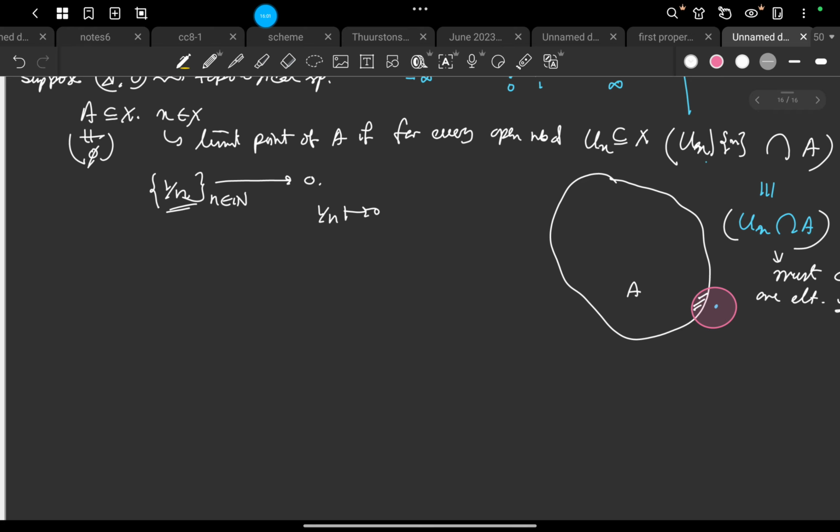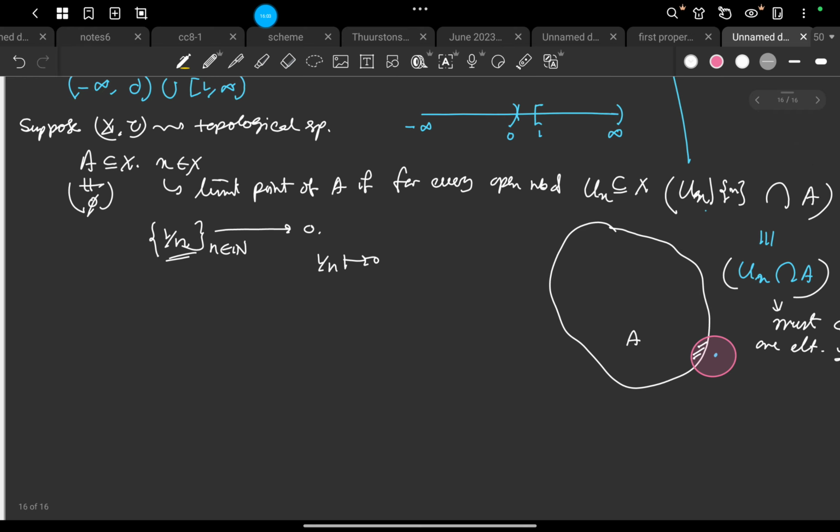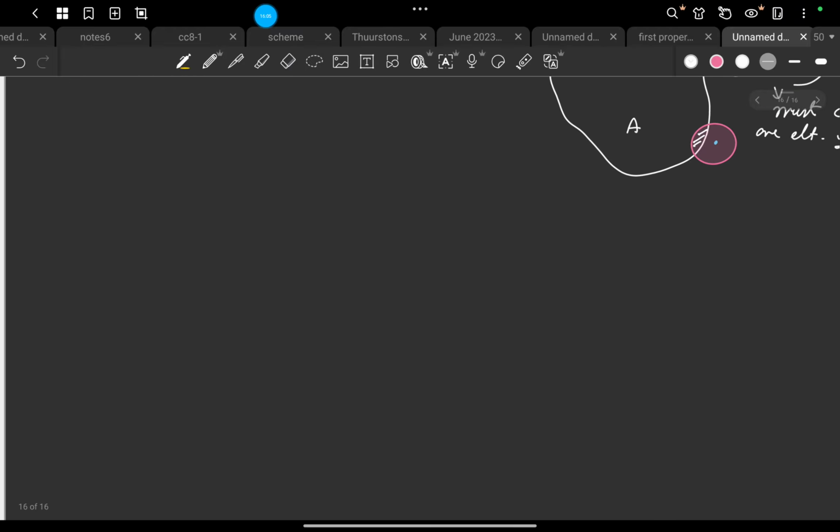Alright, but why is it important? With this property we can characterize whether a set is a closed set or not. Suppose (X, τ) is a topological space.